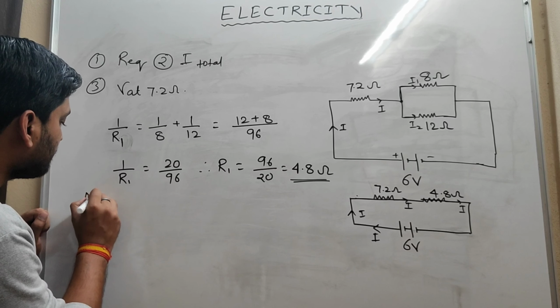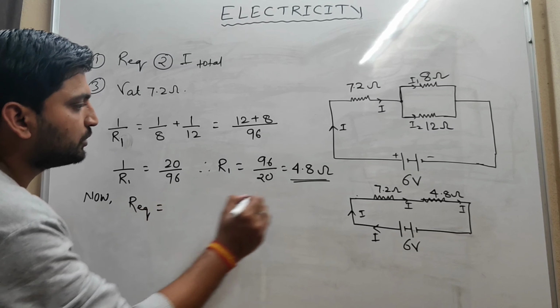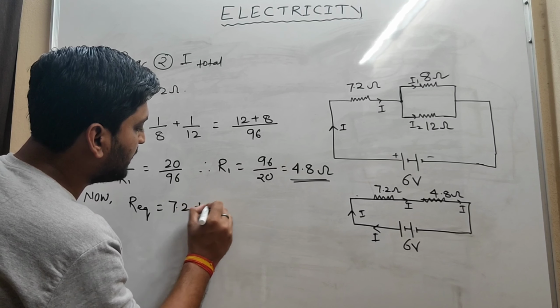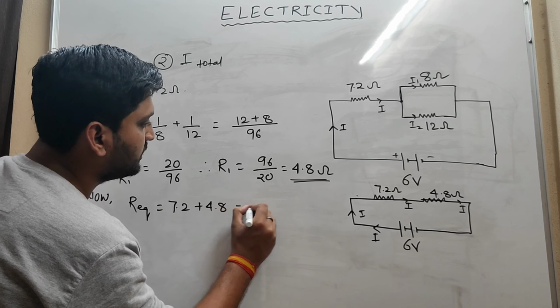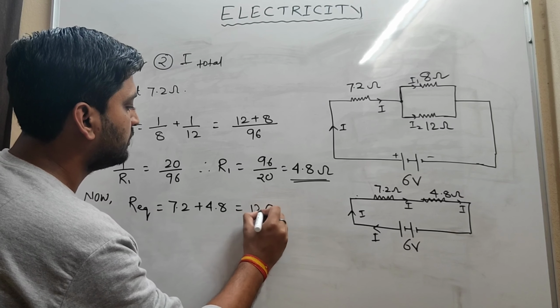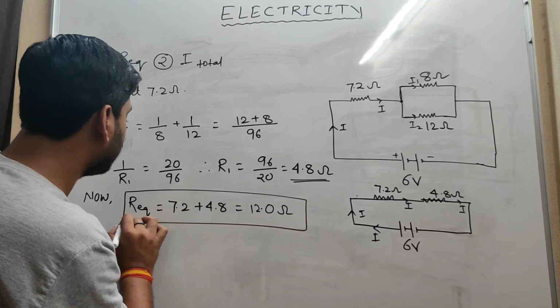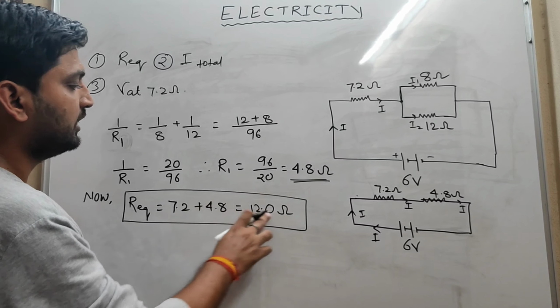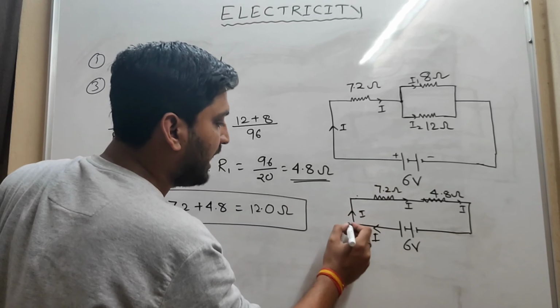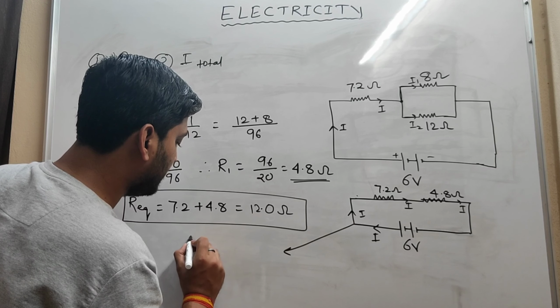Now we will find R equivalent, which is equal to 7.2 plus 4.8, which is equal to 12 ohm. So the equivalent resistance of this circuit is 12 ohm. It means as we convert it into a simple circuit, it will be like this.